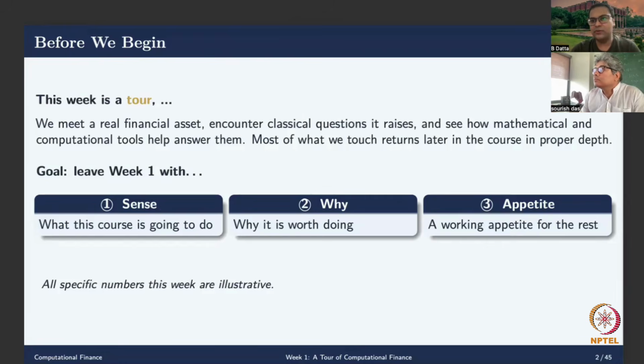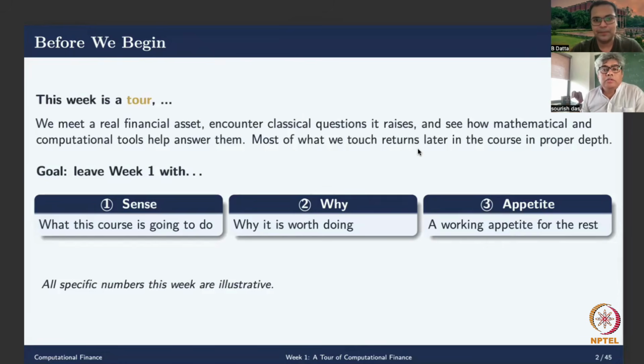And the idea is to use these as the main tools around which we organize our introduction to computational thinking, right? So that's the way you should think about this course, that this is kind of like a tour of different elements that we'll see. And the rest of the course will be about unpacking things that we see in this week, right? So that's how I think one should approach what we are going to be doing this week.